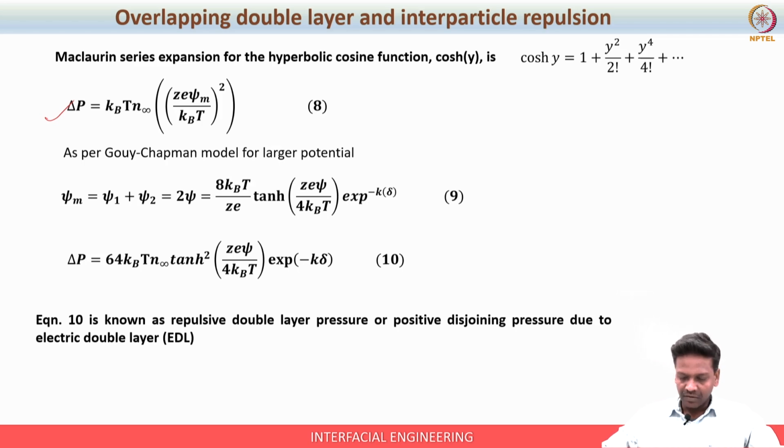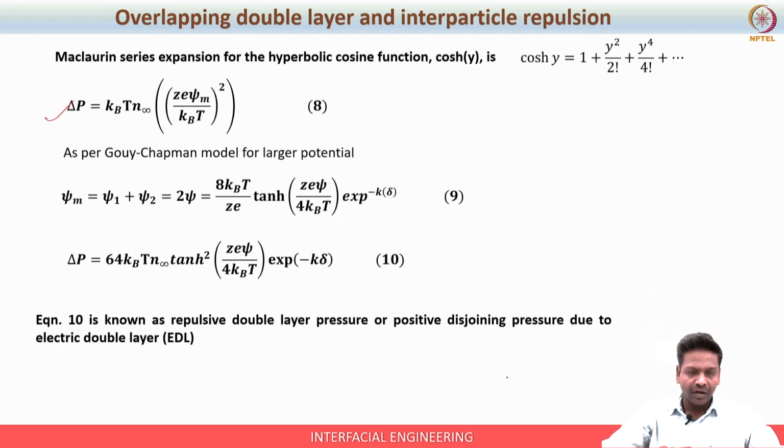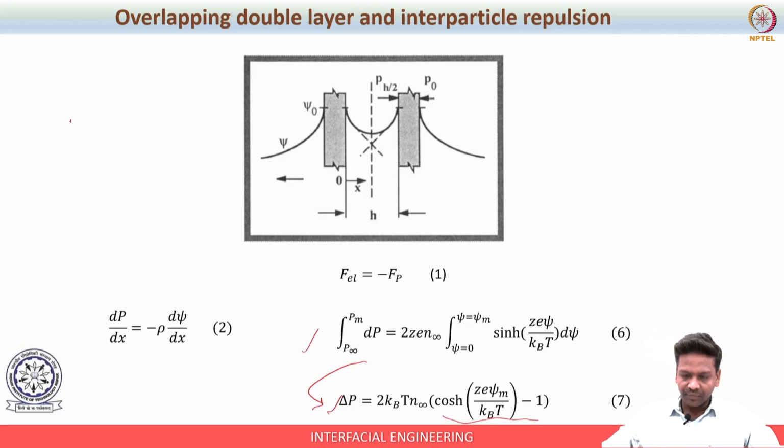How is this coming? Because we are applying this cos hyperbolic, we can use this Maclaurin series expansion, that is cosh y equal to 1 plus y square by 2 factorial. If we ignore the higher order terms, we can simply have 1 plus y square by 2. Y here is Ze psi m by kBT. Okay.